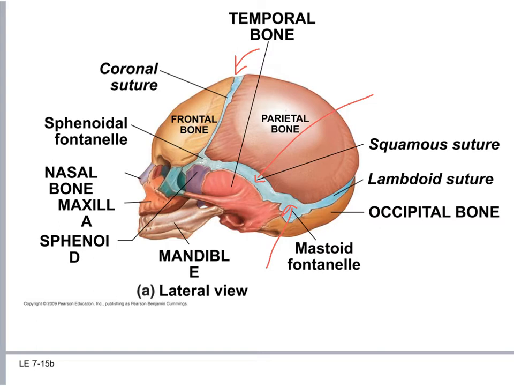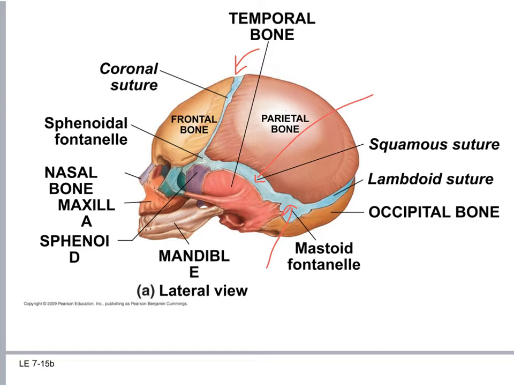When that baby is coming through the vaginal canal, which isn't that wide, the baby's head, those cranial bones have to overlap a little bit in order to get through that birth canal. And then they come back to their normal position, and eventually those fibrous areas are going to fuse together and create those sutures.